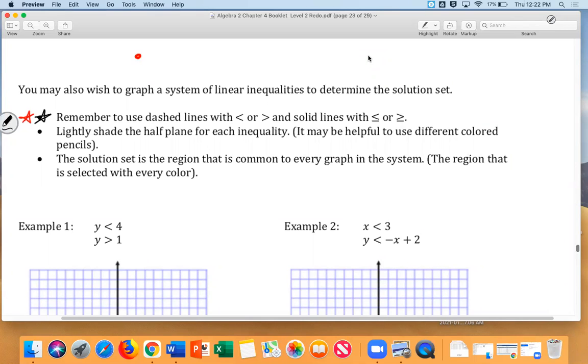Remember to use dashed lines with the less than or greater than inequality sign and solid lines with the less than or equal to or greater than or equal to. These are just some helpful hints, but I use different colored pencils.